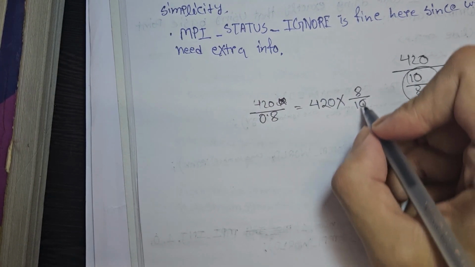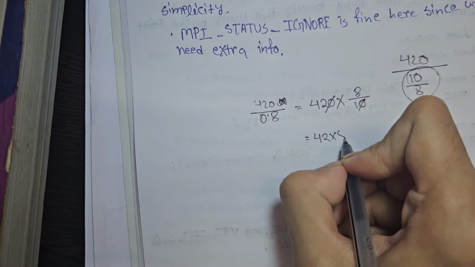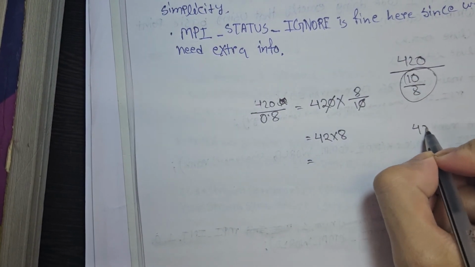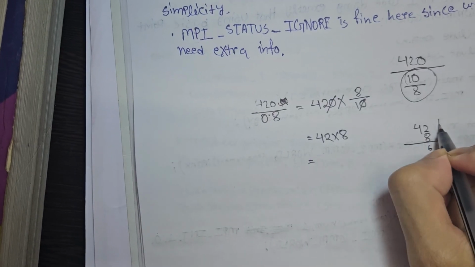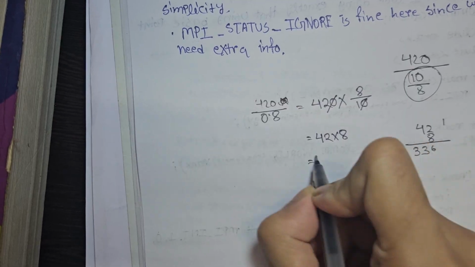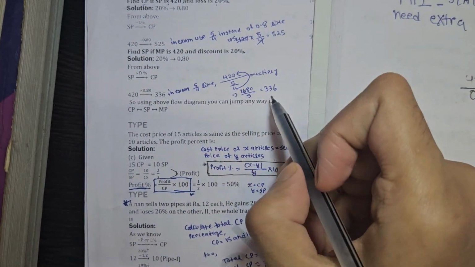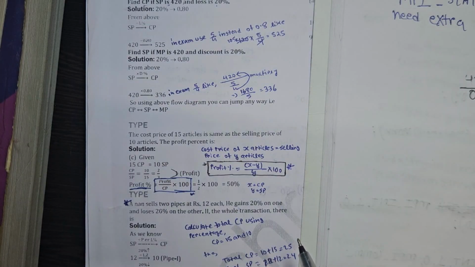The 0 cancels, so it would be 42 multiplied by 8, which is 336. The answer is 336, right?